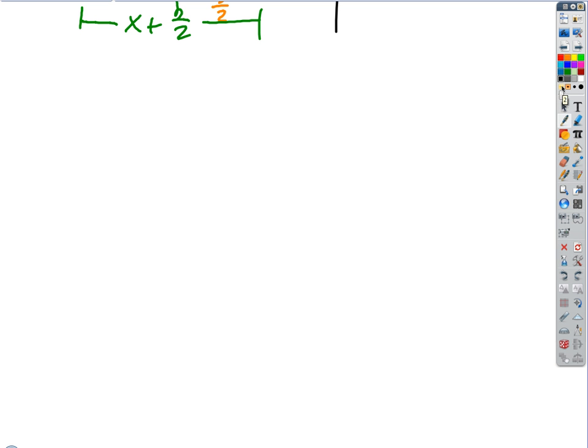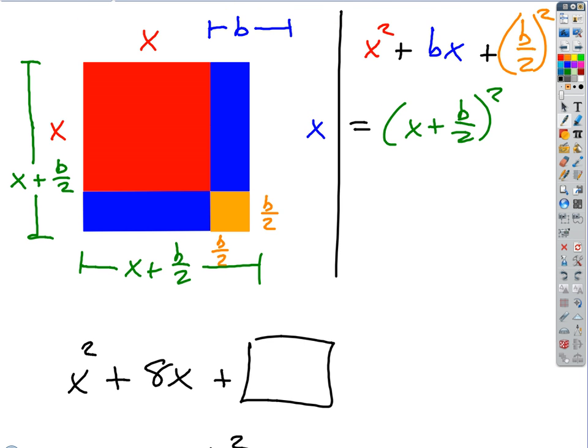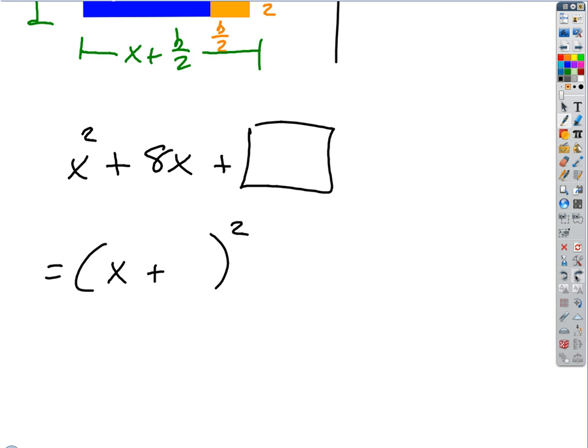So what if we started off with something like x squared plus 8x plus what number would be a perfect square trinomial? 16. Okay, it would be 16, wouldn't it? Because if we look at our picture, whatever b is, and in this case, what's b? 8, right?